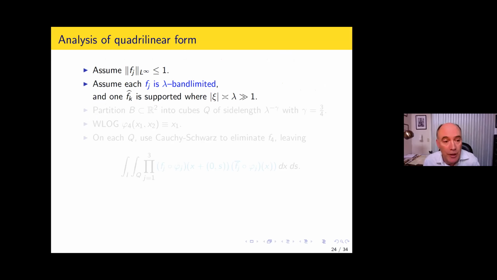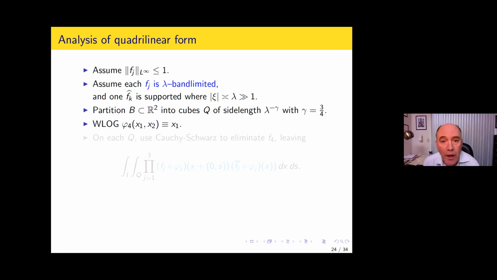So the Fourier transform is supported where the frequency is at most a constant times lambda. And I'm also going to assume that one factor is supported where the Fourier variable has magnitude at least a small constant times lambda. And by the usual kind of decomposition of the Fourier space and lumping terms together properly, you can reduce to a sum over lambdas, which are powers of 2, of these situations.